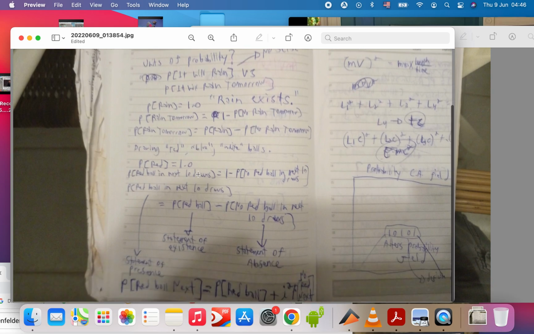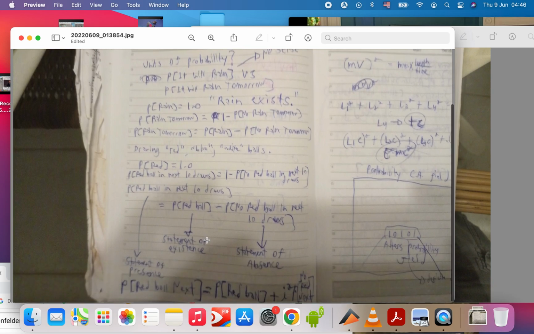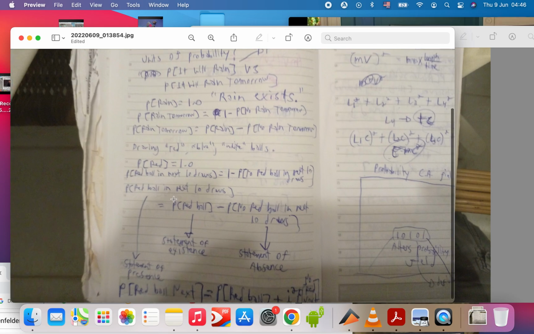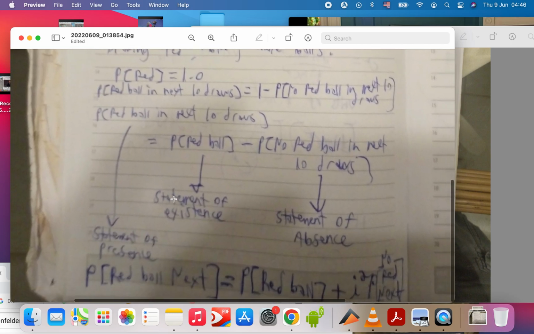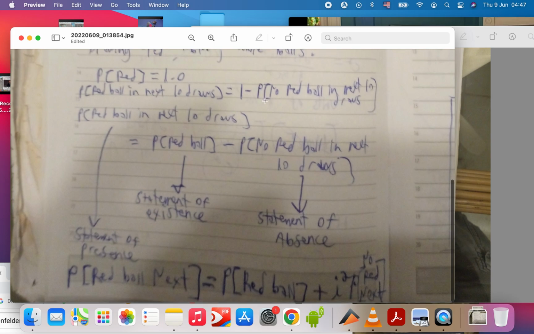by going from, say, something like this. Okay, probability of red ball in the next 10 draws equals 1 minus probability of no red ball in the next 10 draws.